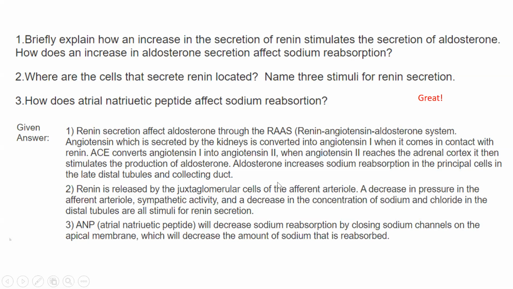The connection between the distal tubule and the afferent arteriole. And then the stimuli are pretty straightforward here: decreased afferent arterial pressure, sympathetic activity, and the concentration of sodium and chloride in the distal tubular fluid. And then ANP, the response here, again, very straightforward. We're going to close those leak channels on the apical membrane. That's how ANP decreases sodium reabsorption.